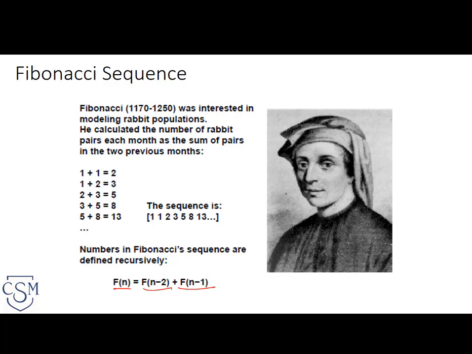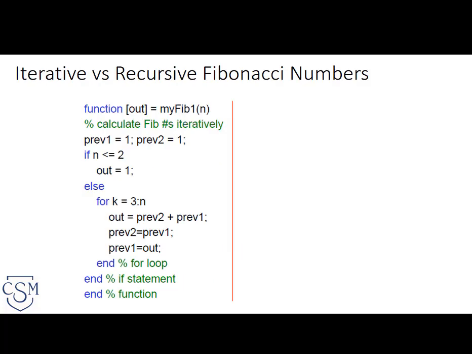Remember that 2 was equal to 1 plus 1. So this would be f1, f2, and this is f3. And so f of 3 is equal to f of 2 plus f of 1. So that's how we can think of this Fibonacci sequence recursively.